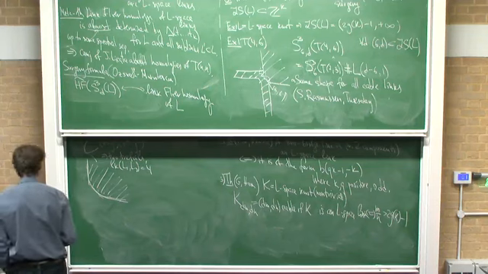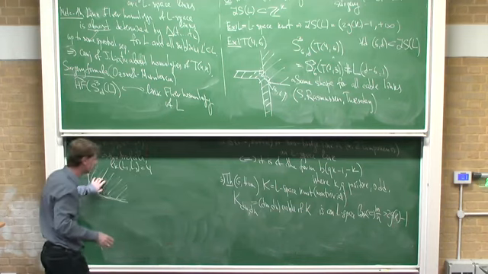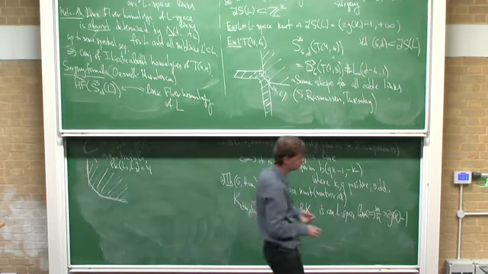Right, and so you can ask, okay, what do we know about the shape? Why sometimes do you have something like this, and sometimes something like this, and what's going on in general?